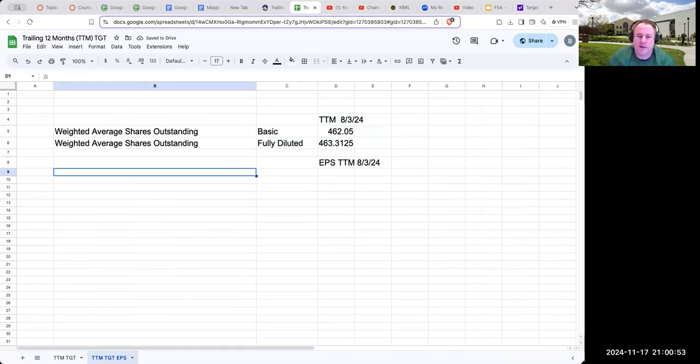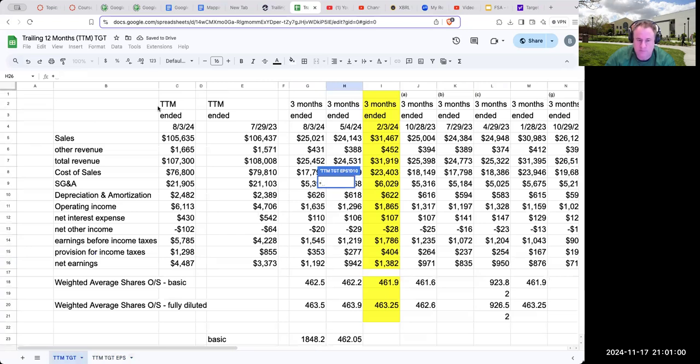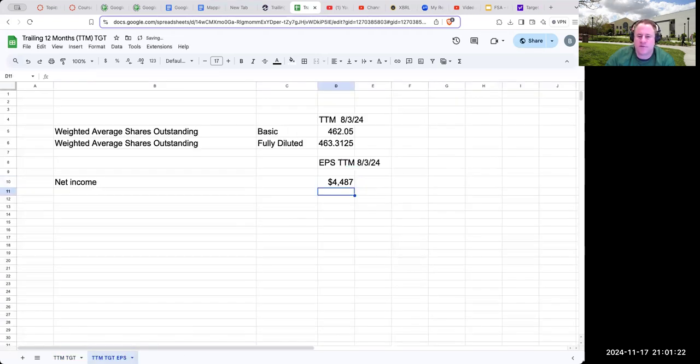My net income for the trailing 12 months ended 8/3/24, my net earnings, were 4.4 billion. How did I get that? I'm adding up the 3 months ended 8/3/24, 5/4/24, 2/3/24, and 10/28/23. So right over here, I've got 4487.